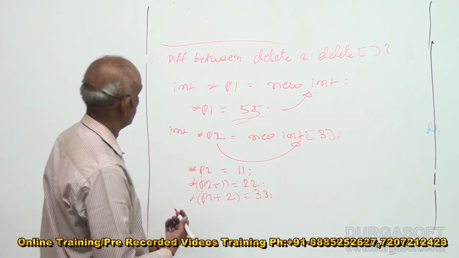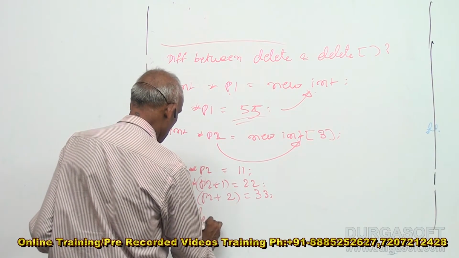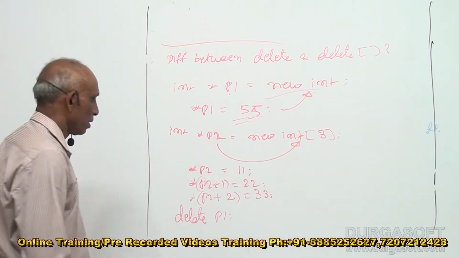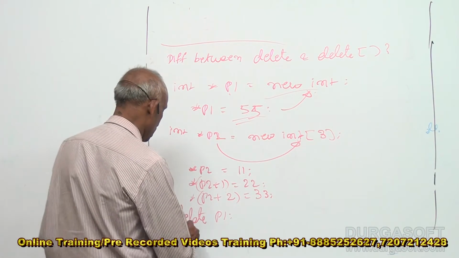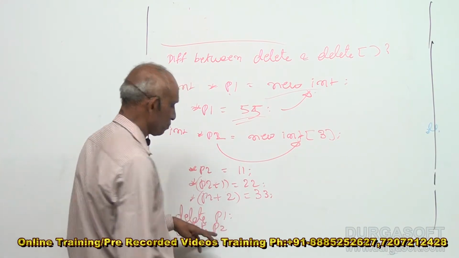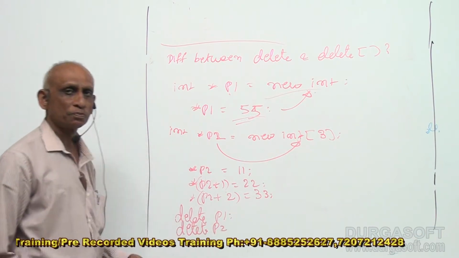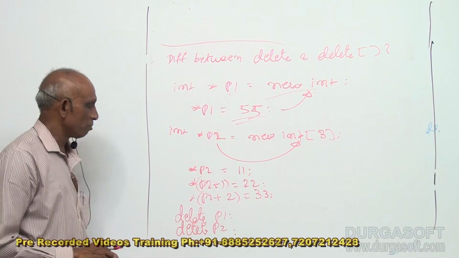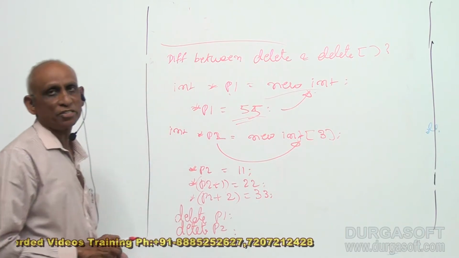Now how do we delete this? If I want to delete this, I say delete p1. So this is deleted. Now if I say delete p2, it will not work, because delete p2 will delete only one integer.